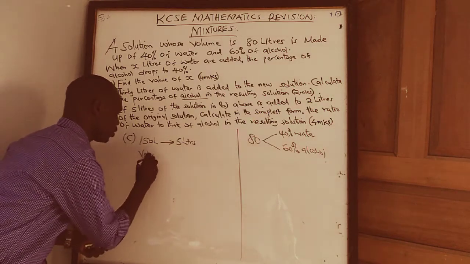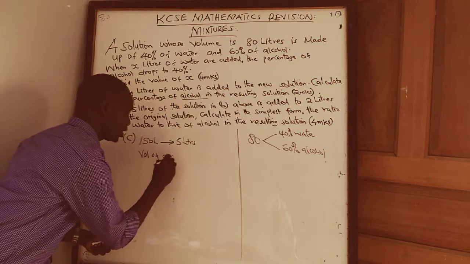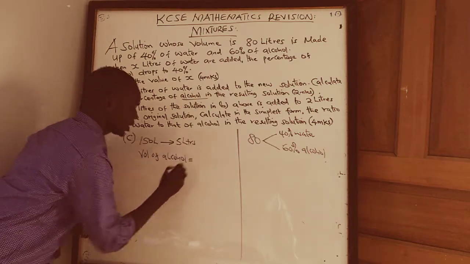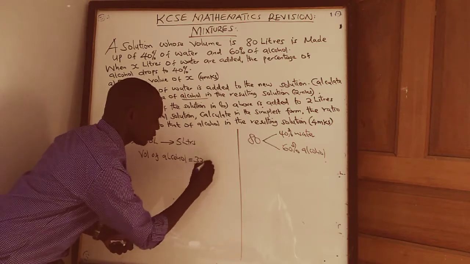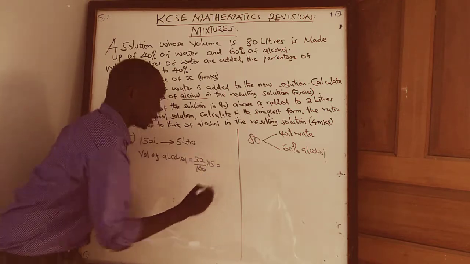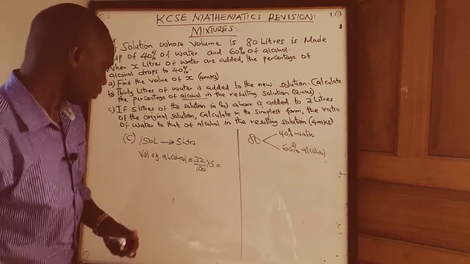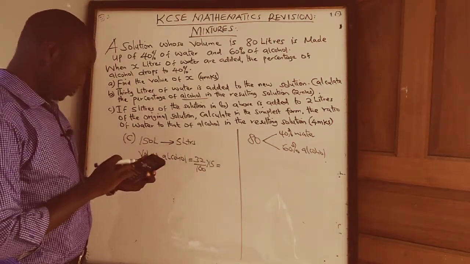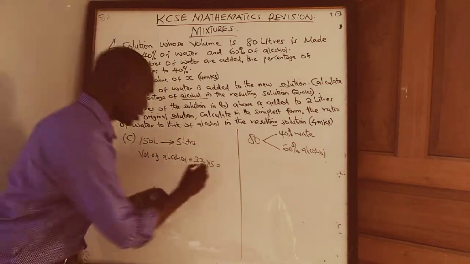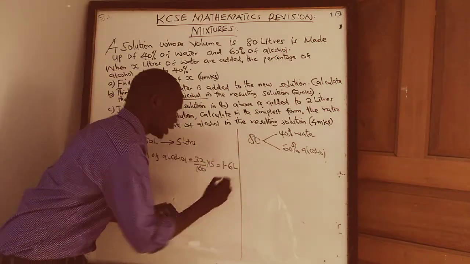Volume of alcohol: we know the new percentage of alcohol is 32%, that is 32 out of 100 times 5. So 32 divided by 100, multiplied by 5, gives us 1.6 liters.